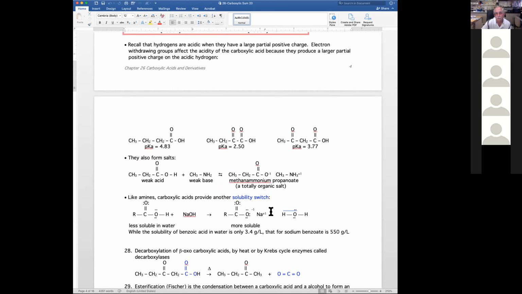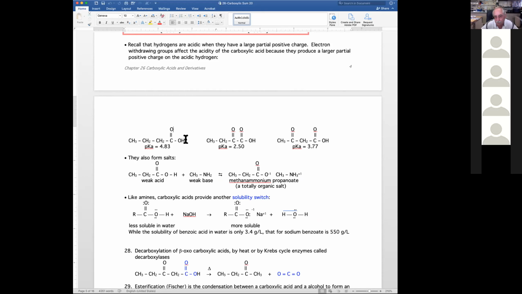So hydrogens are acidic when they have a large partial positive charge. Okay? So what I'm saying is that this right there has a large partial positive charge because that oxygen is electronegative and that oxygen over there is electronegative. So I'm pulling electrons away from that hydrogen really in that direction. So that carbonyl oxygen is making that partial charge on that hydrogen larger and more reactive.